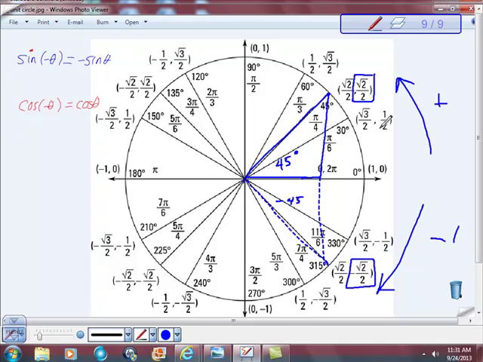So it says here that sine of opposite theta, so sine of the opposite of 45 degrees, or negative 45 degrees, is negative square root 2 over 2, which is the opposite of positive square root 2 over 2, isn't it?